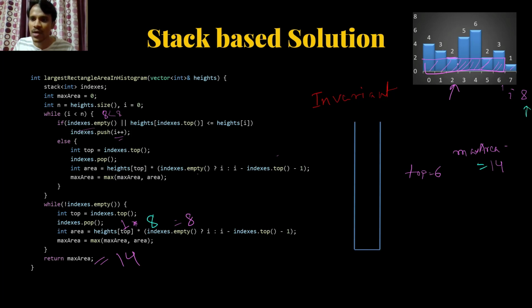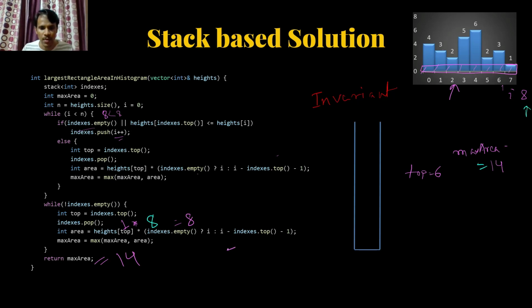In this way we are calculating the area whenever we are finding a bar which is smaller than the previous bar. Okay, after all the bars are exhausted, and I is after the last element, we see if there are still elements in the stack. If there are, we simply find that area. So with this bar as minimum, we are finding this area, right?